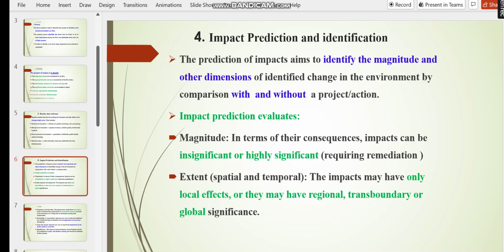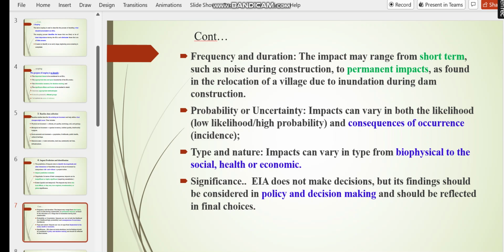When we see magnitude in terms of consequence, impacts can be insignificant or highly significant, meaning requiring remediation. Extent: the impacts may have only a local effect or they may have a regional, transboundary, or global significance.